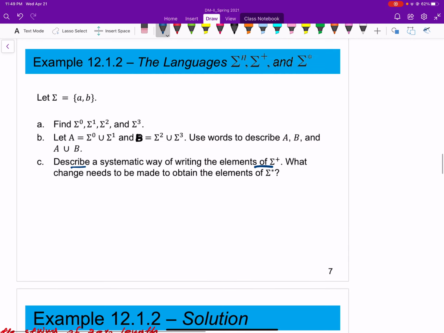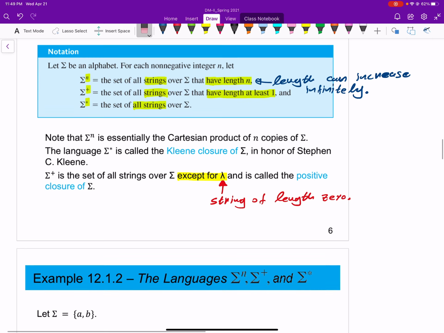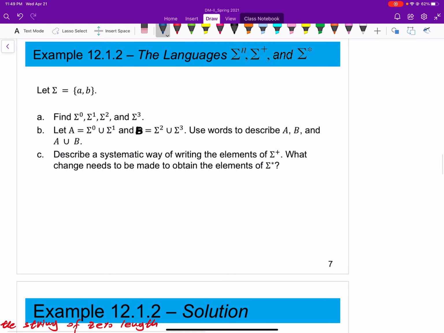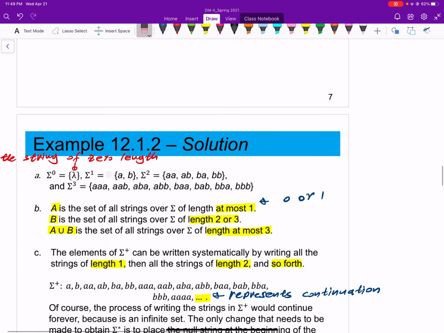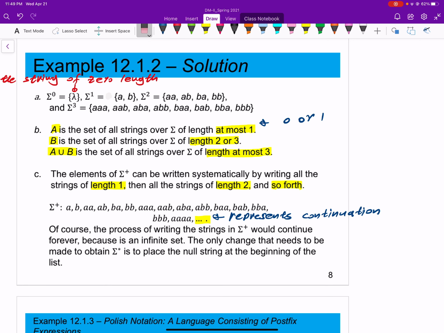Now the next part of the problem is what change needs to be made to obtain elements of sigma asterisk. See, sigma asterisk includes 0. That means sigma asterisk is the set of all strings over sigma, including the strings of 0 length.